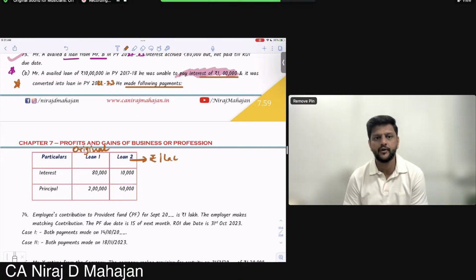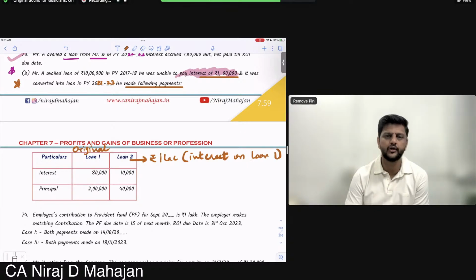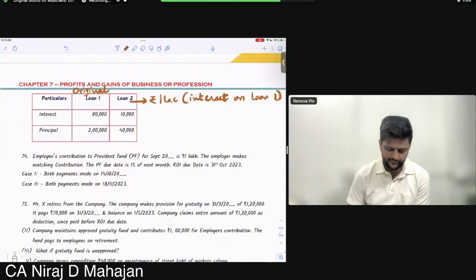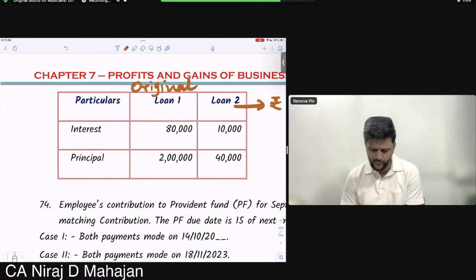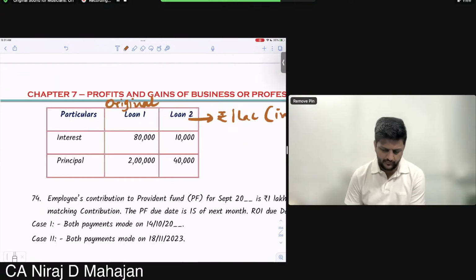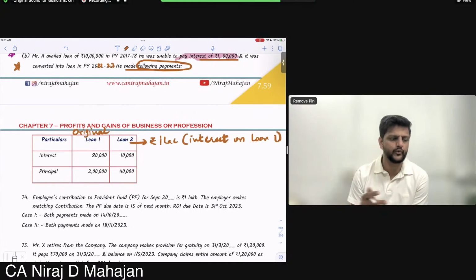And this 1 lakh is coming from where? It was interest. On which loan? On loan 1. Clear till here, all of you? Okay, fine. So loan 1, children, check. He's done the following payments. So whatever was the loan amount, we don't know that.